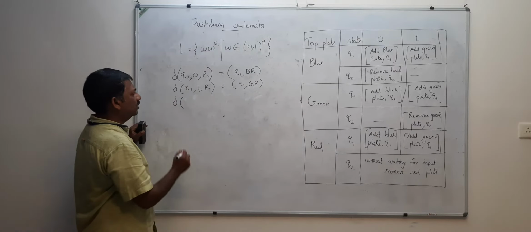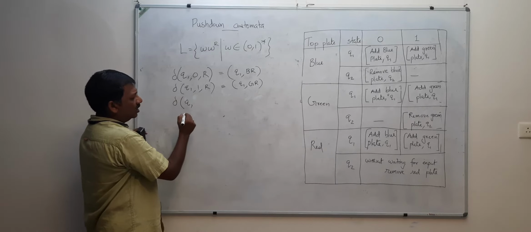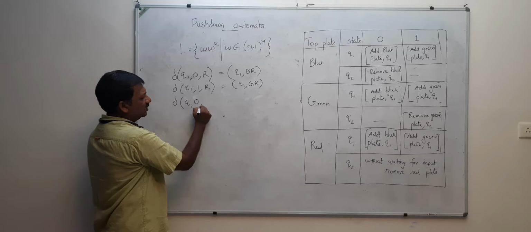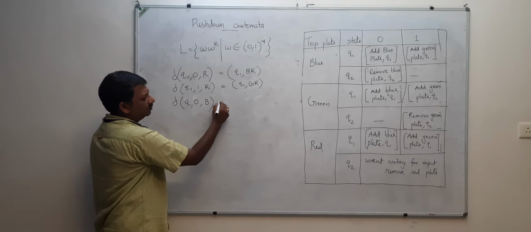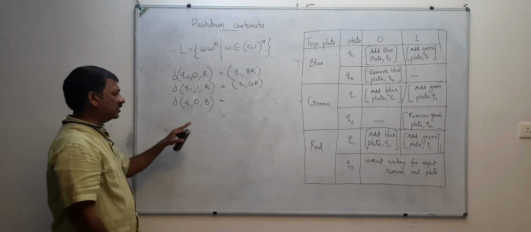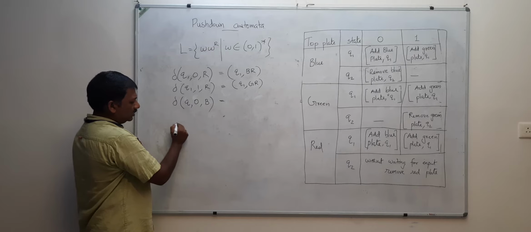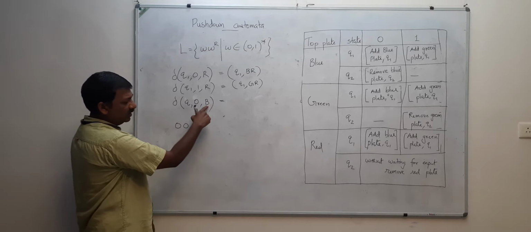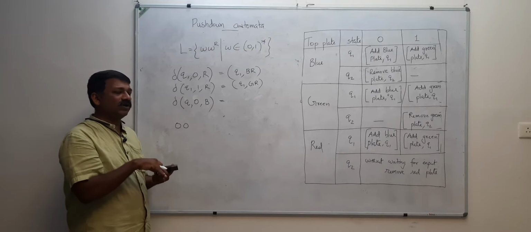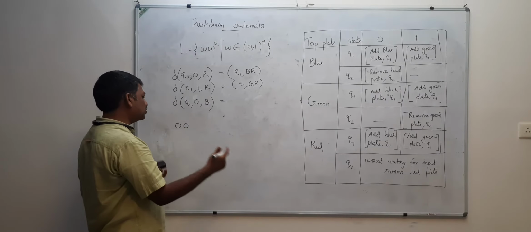Now suppose that you are in state Q1 and blue is on top. Definitely, if it is a deterministic finite automaton, as I told you earlier, if you have a transition from 0 to 0, B on top means the last symbol you have read is 0, and the next input is also 0. That is the meaning.